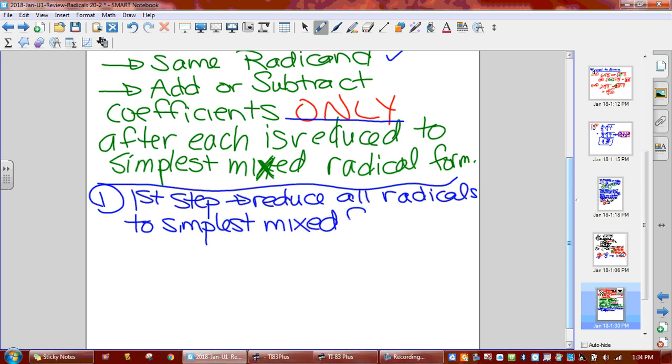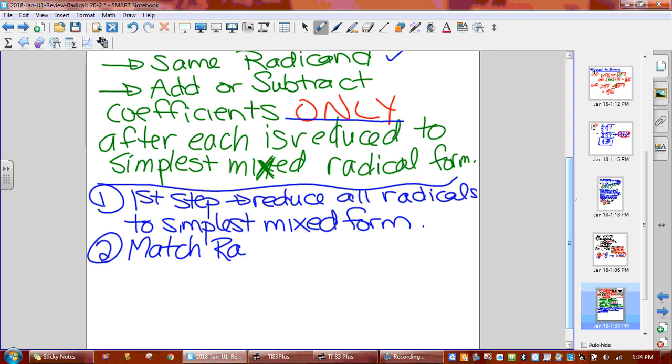Second step, match the radicands. Because you can't just add everything and then add the radicands. That's not how it works. What you do is you match the radicands. Once you've matched them, you add their coefficients. Okay? And then you write your final solution. And we'll do an example right away. Example.